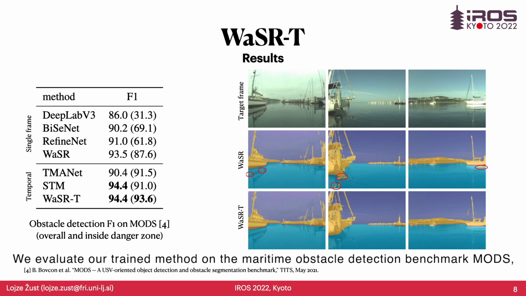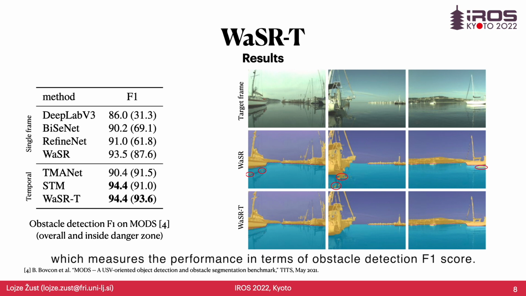We evaluate our trained method on the Maritime Obstacle Detection Benchmark MODS, which measures the performance in terms of obstacle detection F1 score. Values in parentheses denote the performance inside the danger zone, which is the most critical 15-meter area in front of the boat.